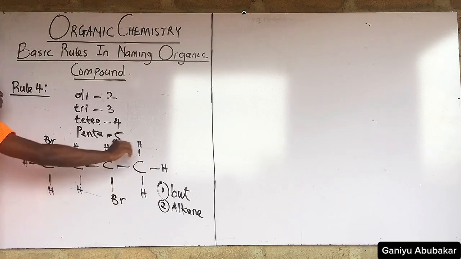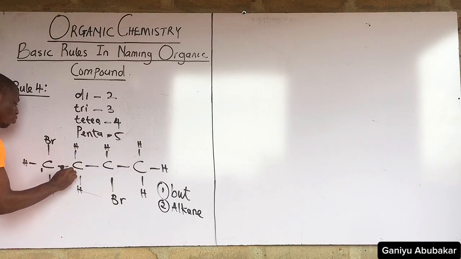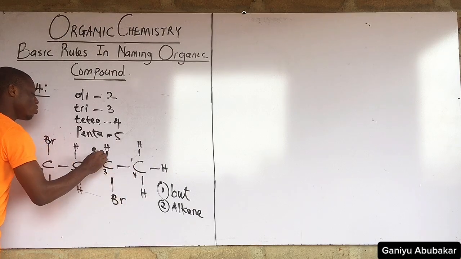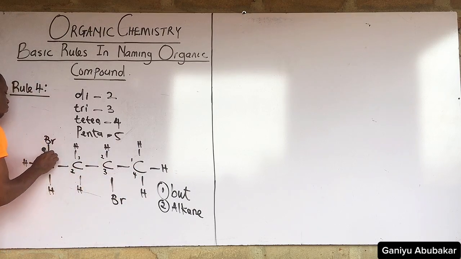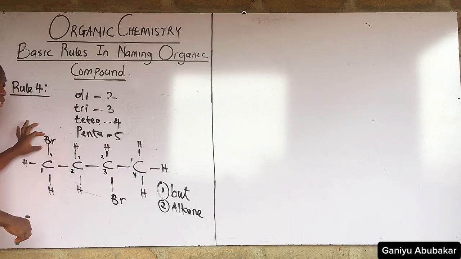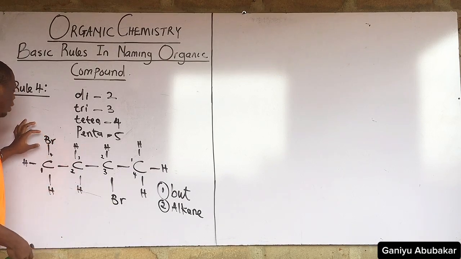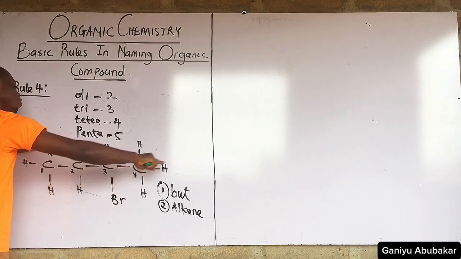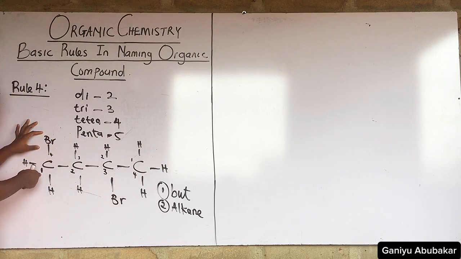So let's do our numbering. This is upper numbering: 1, 2, 3, 4. Lower numbering: 1, 2, 3, 4. I am having bromine here. This is my first bromine. The idea is that I will make sure I look for the least number for bromine. For my upper numbering, bromine is attached to carbon 1.